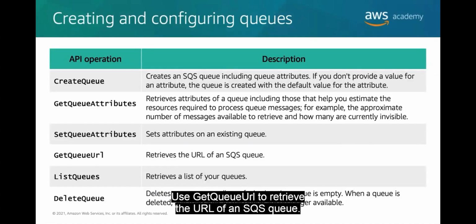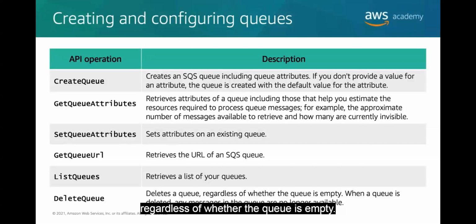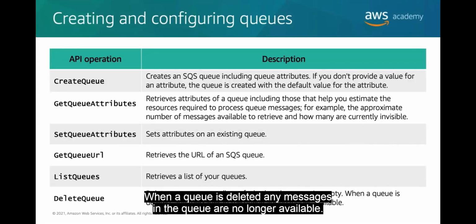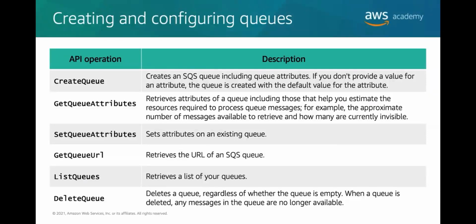Use get queue URL to retrieve the URL of an SQS queue. To retrieve a list of your queues, use list queues. And with delete queue, you can delete a queue, regardless of whether the queue is empty. When a queue is deleted, any messages in the queue are no longer available.